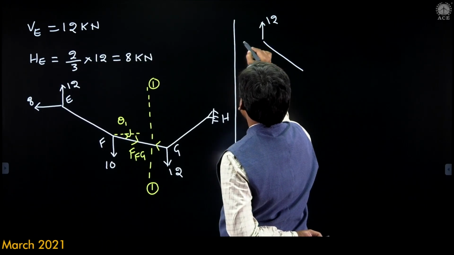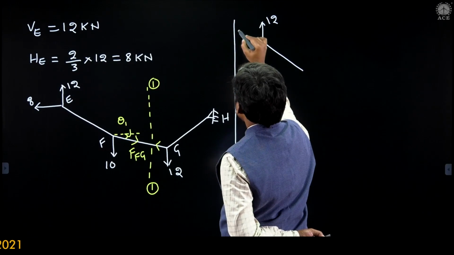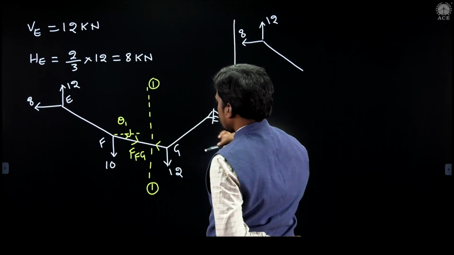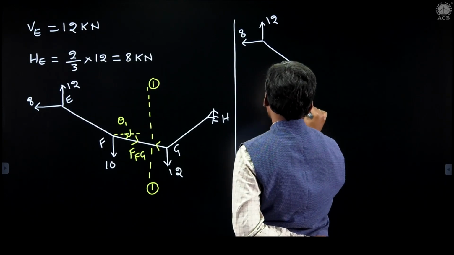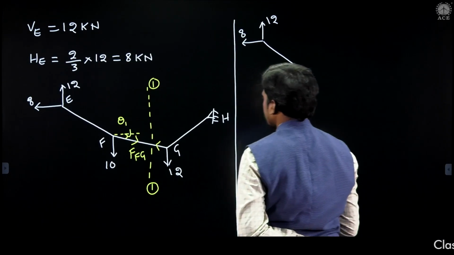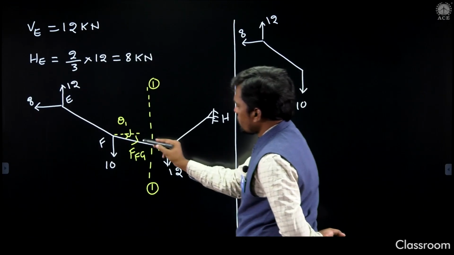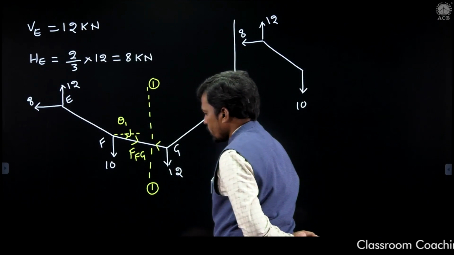So this is 12 and this is 8. This is 10, right? So resolve this into horizontal and vertical components.